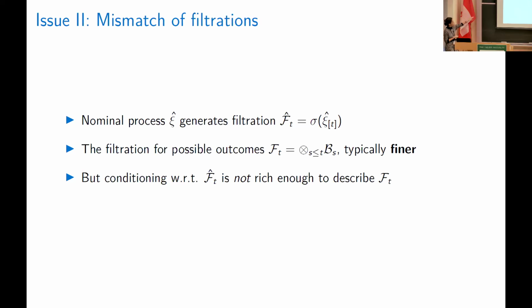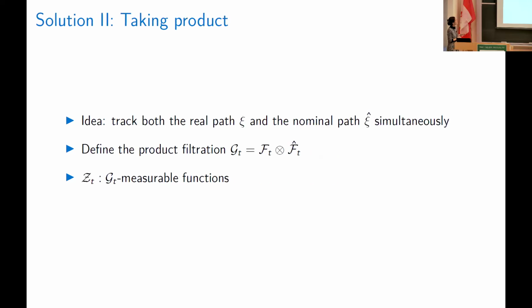Then the filtration of all the possible outcomes should typically be finer, right? A finer filtration here. So conditioning with respect to this nominal filtration F hat is not rich enough to help us well define the corresponding dynamic risk measure, right?